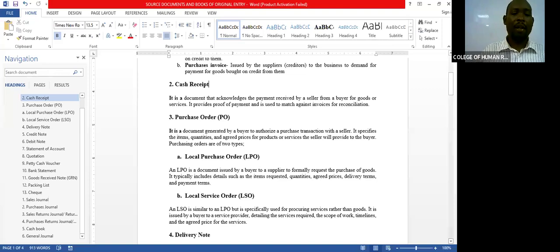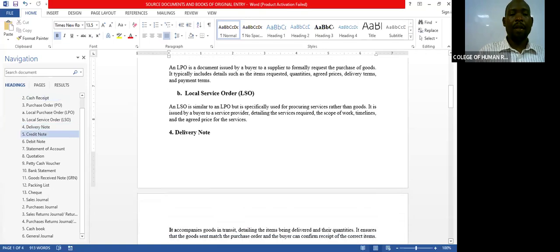But when you are ordering services, for example cleaning services or security services from another business organization, you need to prepare a local service order. So the local service order is for procuring services, whereas the local purchase order is for procuring the tangible goods. That is the difference between the two.